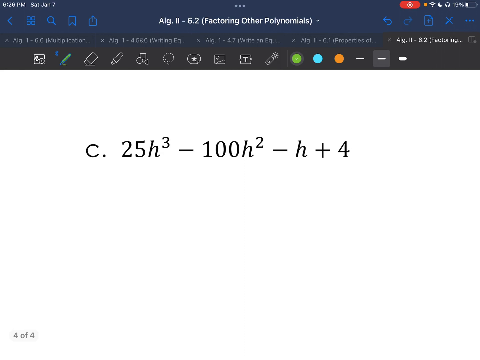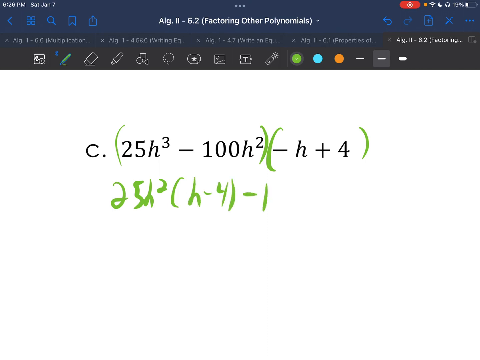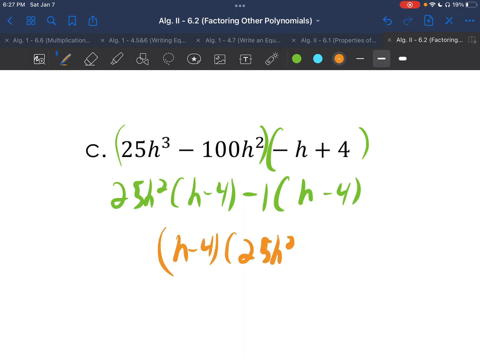C, group the first two, last two. The first one has 25h squared in common, and you're left with h minus 4. The second one has a negative 1 that we want to pull out because it starts out negative, and we don't want it to start out negative. And then we have h minus 4. So we pull the h minus 4 that's the same in the first parenthesis, and then we put 25h squared minus 1 in the second parenthesis.